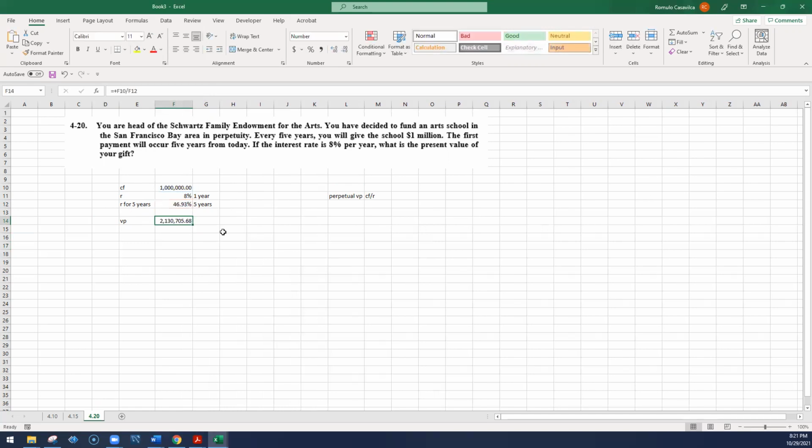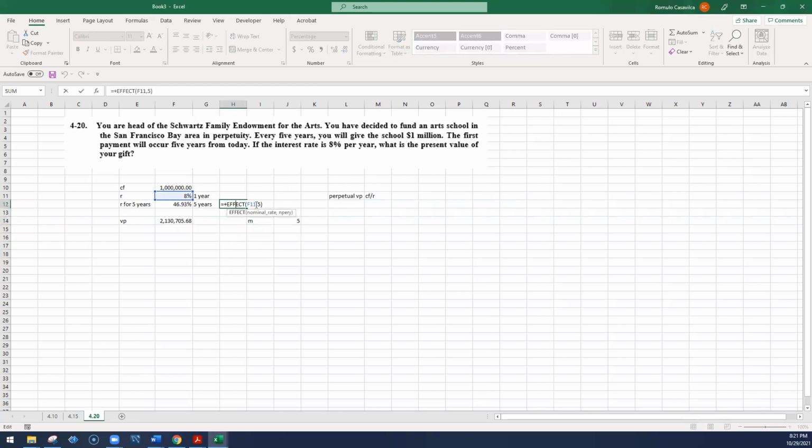Can we use the EFFECT function? Maybe. I tried that one and got 8%. Nominal rate, and what would you put, 5? No, 5 is the number of compounding periods, so it shouldn't be 5. A yearly 5, you divide it by 5, or multiply by 5, maybe 1/5?